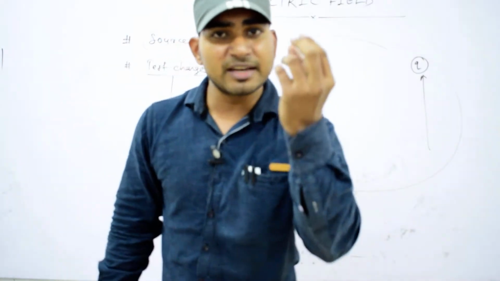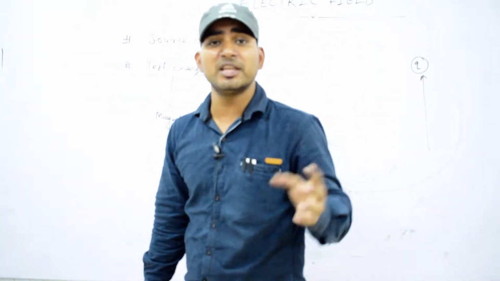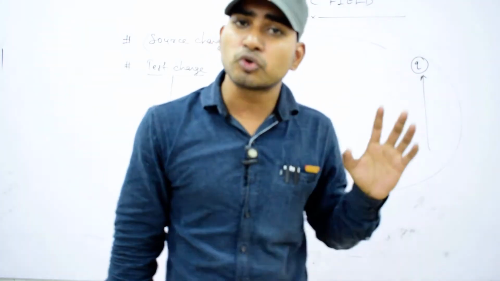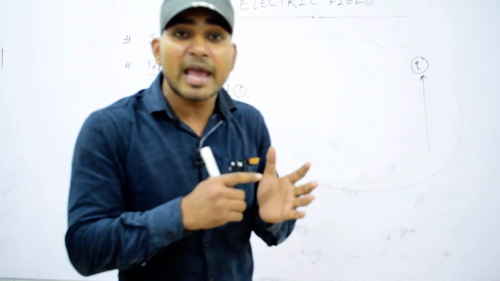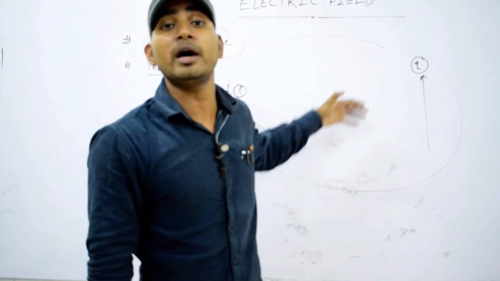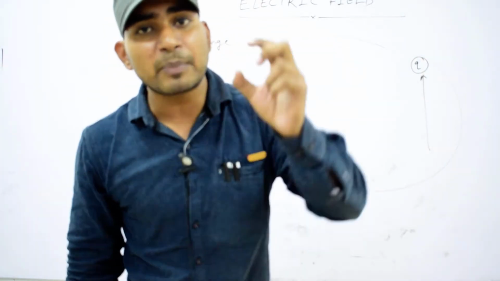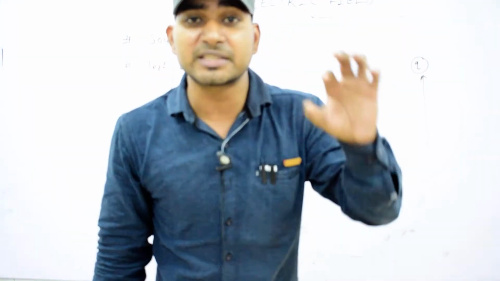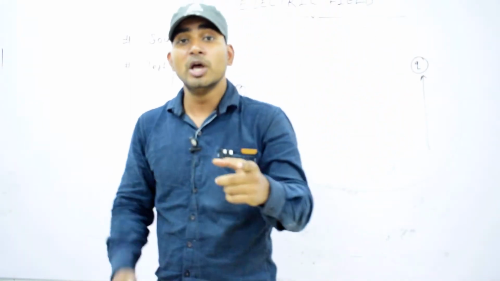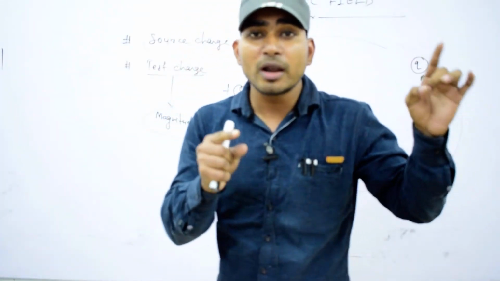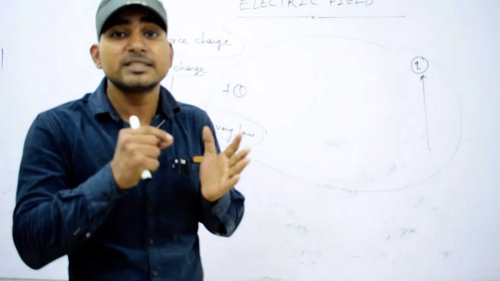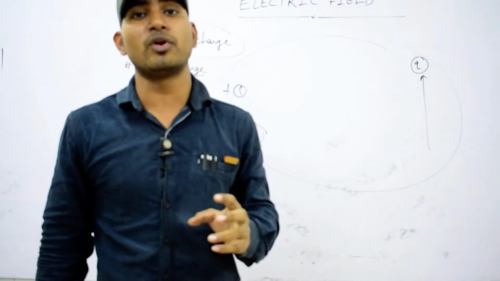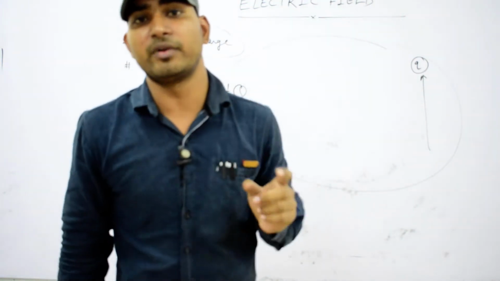If a test charge of very low magnitude is present inside the field of the source charge, it will definitely experience a force due to the source charge. If the test charge experiences a force, it means the field of the source charge is present up to a certain range. That range up to which the test charge experiences a force is called electric field.